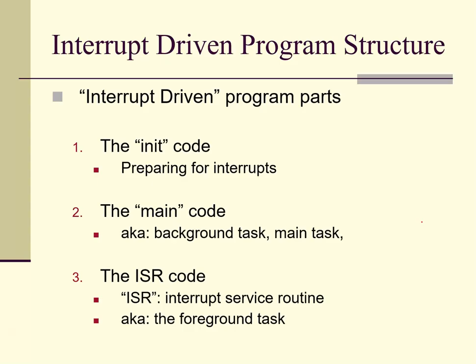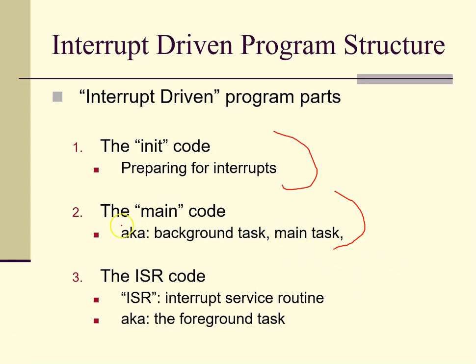So interrupt-driven programs have a structure similar to what you've seen before. You've got to do a bunch of initialization, which we've been doing a lot anyway, but now there's some special initialization for the interrupts, and then the rest of the code is broken up into the main task and the background task. We'll say the main code and the ISR code.